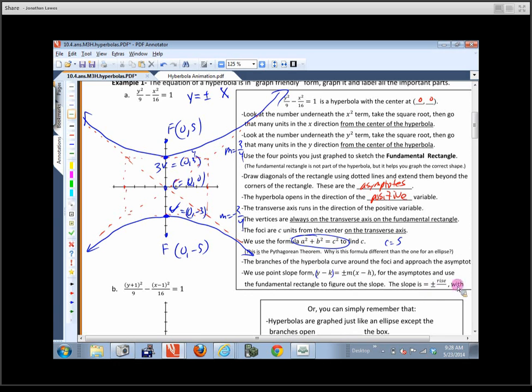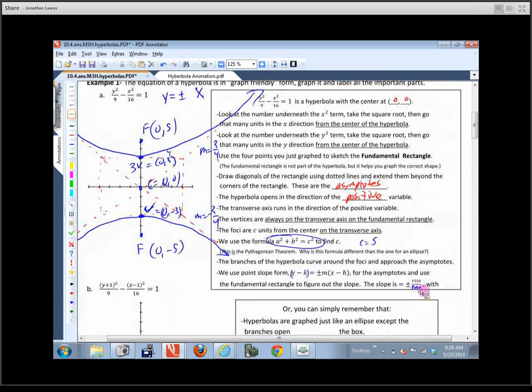Well, stop and think about this. If slope is the rise over the run, wouldn't whatever we go up or down from the center always be determined by the number underneath the y? And wouldn't the right or left always be the number underneath the x? So the quick way to figure this out is think rise over run, but this is always going to be the one associated with the y variable, and that's always going to be the one associated with the x variable, okay?